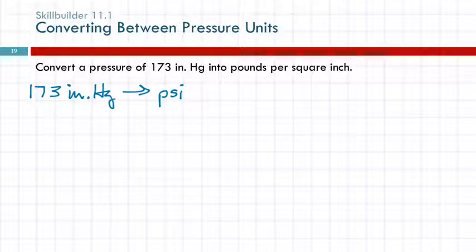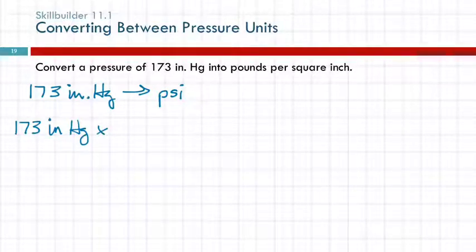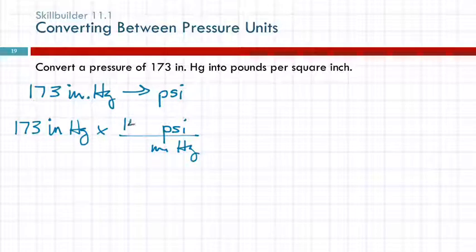Converting pressure units can always be done in one step. So we can just put PSI on top, inches of mercury on the bottom. From the table on the previous slide, we get the numbers. 14.7 psi is equivalent to 29.92 inches of mercury. You do not have to go through atmospheres. Just go from one unit directly to the other.